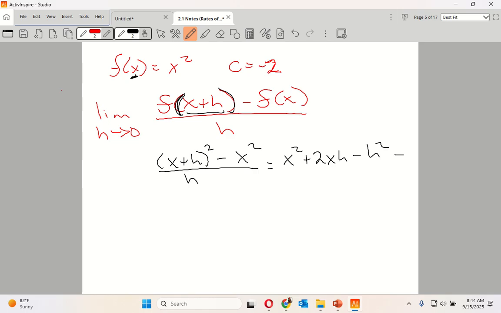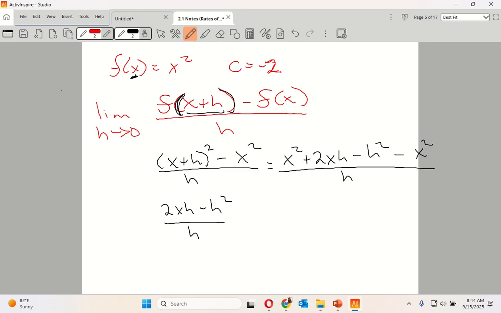Minus x squared. Now, this is where some magic happens. What's going to happen to my x squareds? They go away, and I'm left with 2xh plus h squared, all over h. What do they have in common?